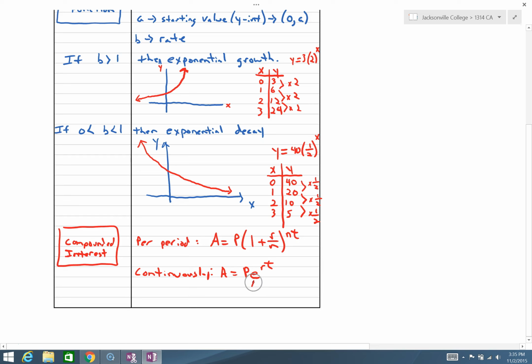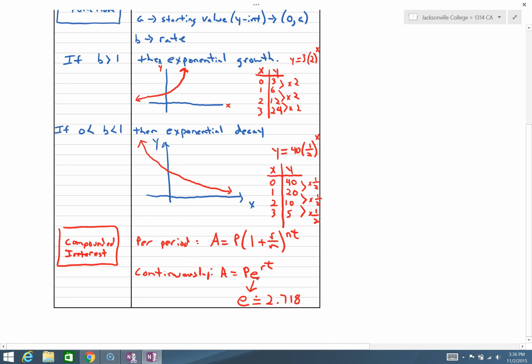This number e is a very important number in math. It's similar to pi in that it is an irrational number. That is, it's a non-repeating, non-terminating decimal. It is approximately 2.718, and this number goes on and on forever with no repeating pattern.